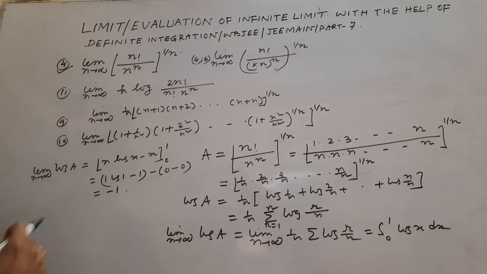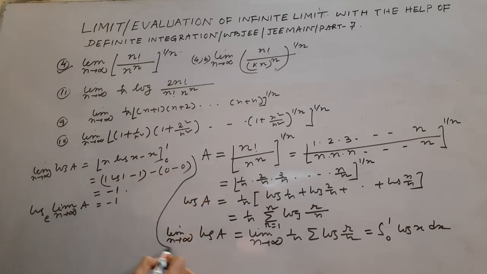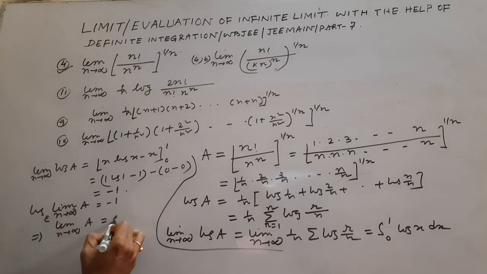Now from the continuity property, log can be taken outside the limit. So limit n tends to infinity log a equals minus 1. The base is e. So if we omit the logarithm, this implies limit n tends to infinity capital A equals e to the power minus 1.